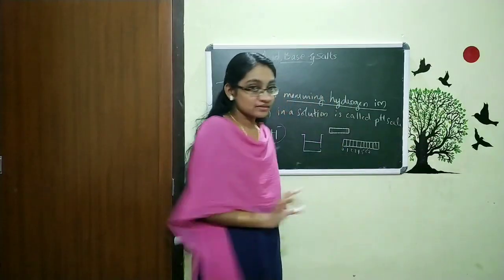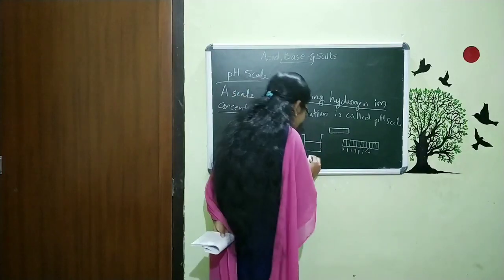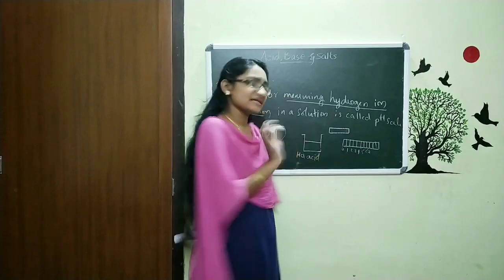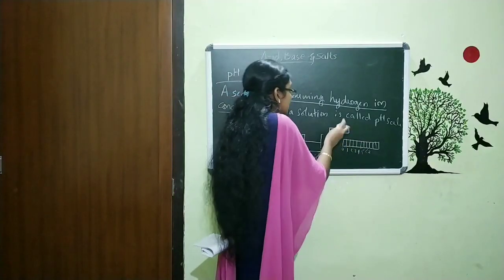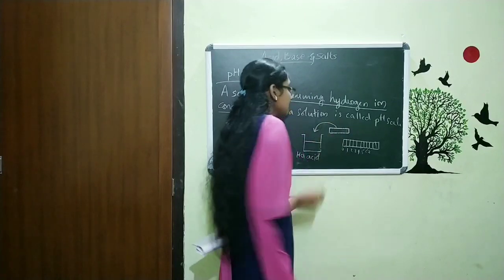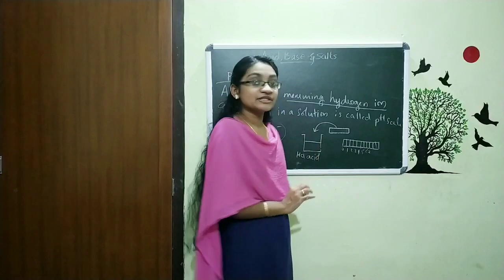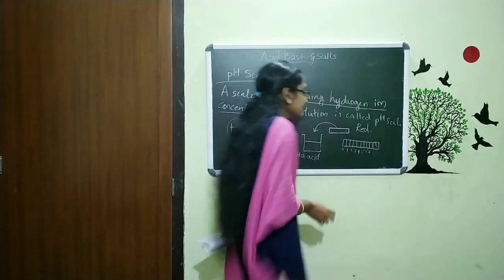So when I dip this in, suppose this is an acid, HCl, hydrochloric acid, I am just supposing, and when I dip this pH paper in it, it turns red. This is all assumption. It turned red.